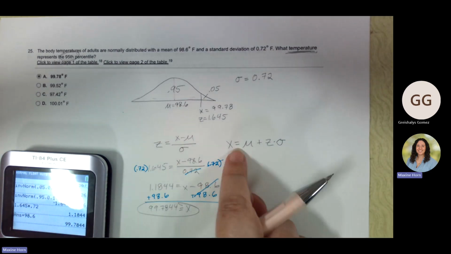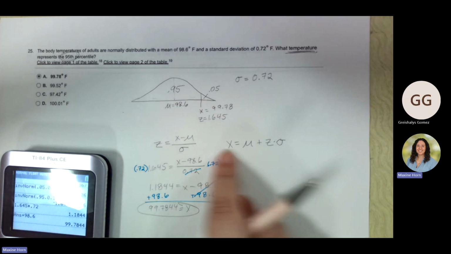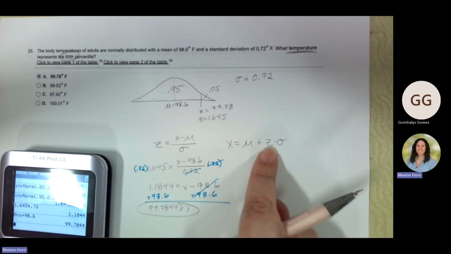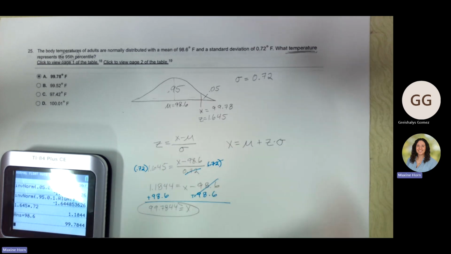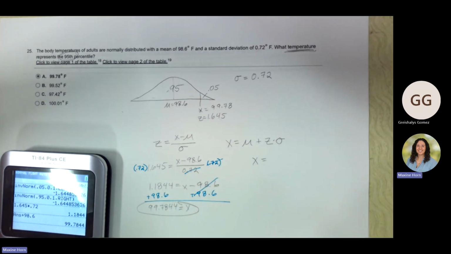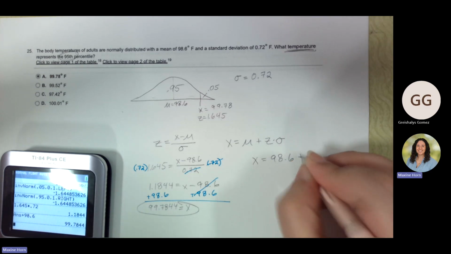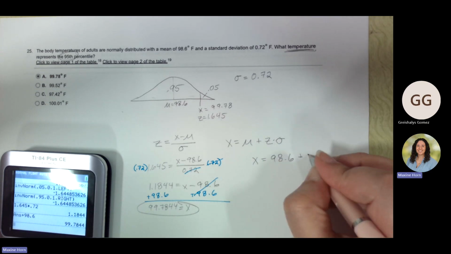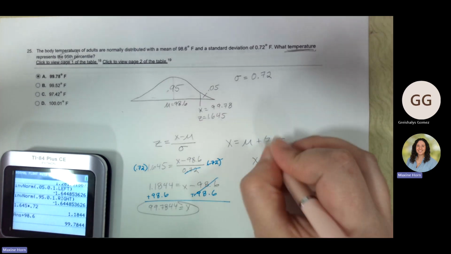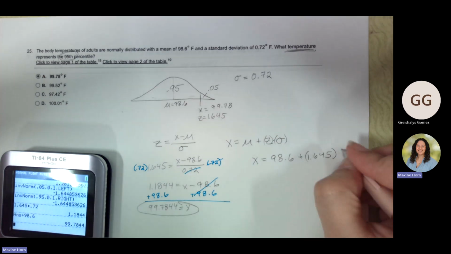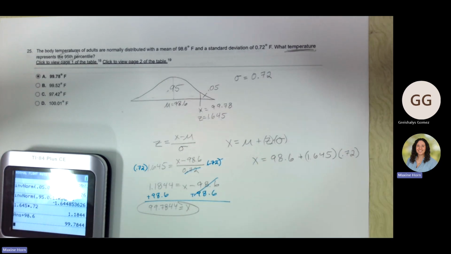Okay. Or if instead of doing that algebra, I memorize this formula, because this is just a rearranging of these terms, right? If I plug into here, I say my mean is 98.6. My z-score is 1.645. And I'm going to go ahead and put that in parentheses because it's being multiplied by my standard deviation, which is 0.72.